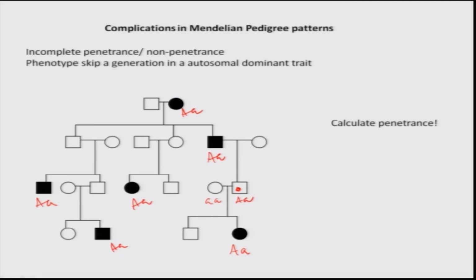This A had come from here, and therefore she should have been homozygous for the wild type, and he is normal, therefore homozygous for the wild type, and she has the dominant allele, which should have come from one of the parents. He is married in, therefore his genotype could be this, and she could be heterozygous.